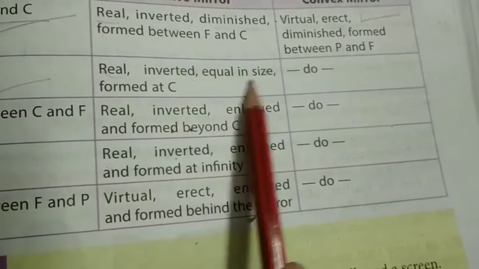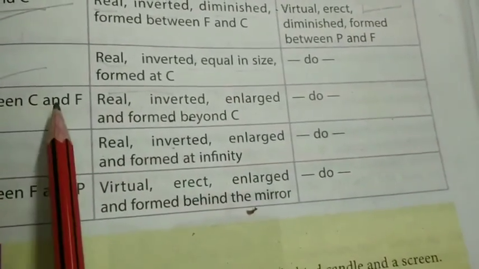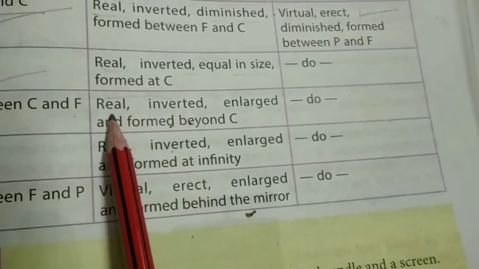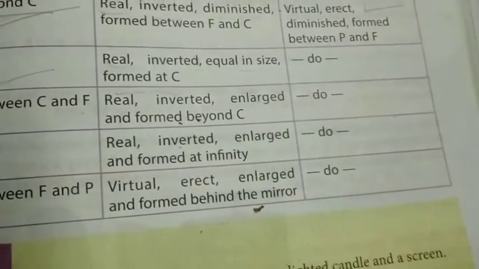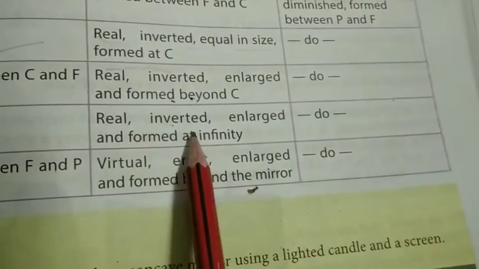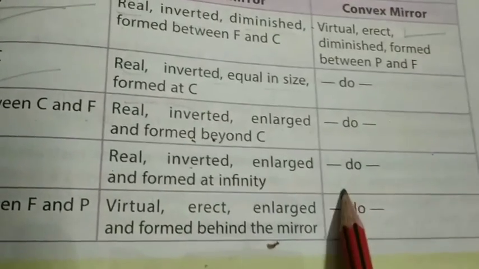Real, inverted, equal in size and formed at C. Convex mirror में same. Between C and F, it will be real, inverted and enlarged and formed beyond C. Convex mirror में same वैसे ही. At F, real, inverted and enlarged and formed at infinity. And in case of convex mirror, it will be the same.